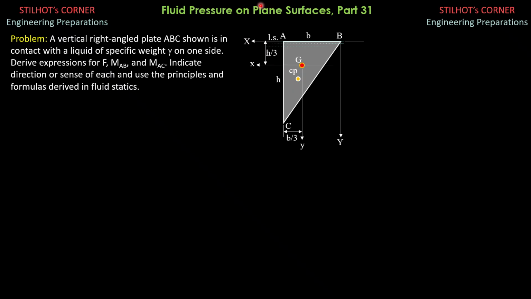So that is H over 3, B over 3, and the designation for the vertical and horizontal distance between center of pressure and G would be E sub VP, and this is E sub HP.